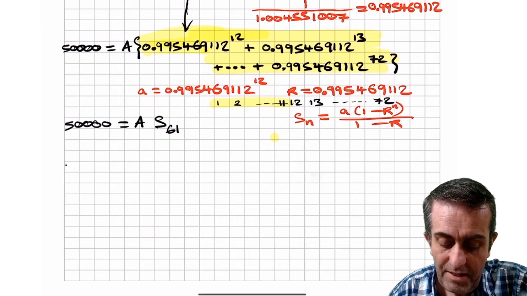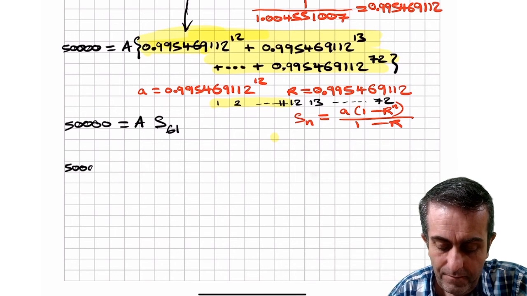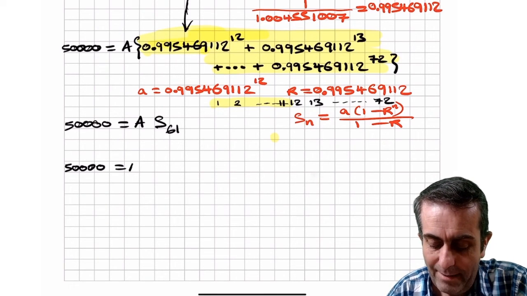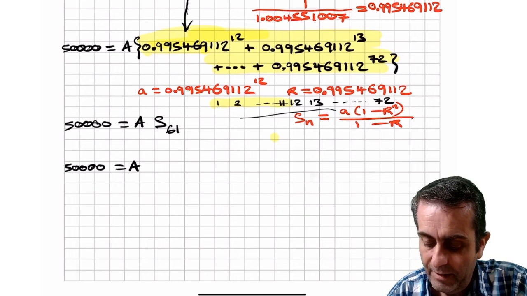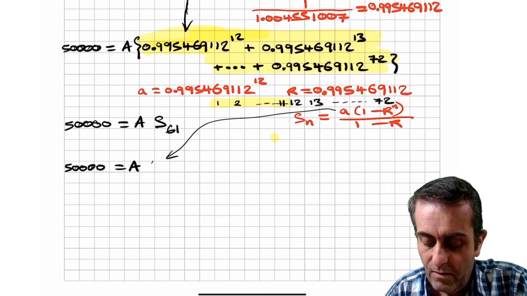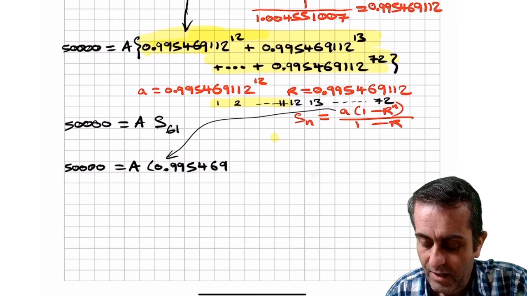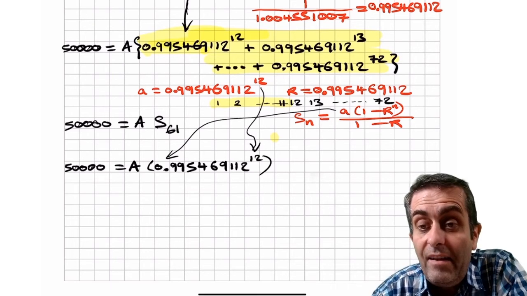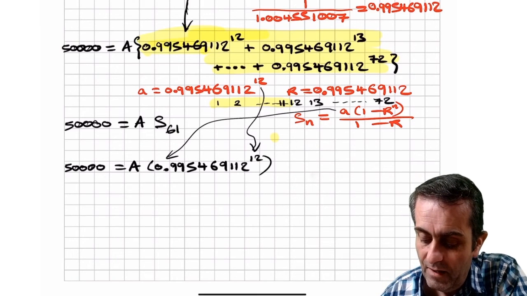Now, that means that 50,000 equals capital A multiplied by small a, which is 0.995469112 to the power of 12. Remember, small a has a power of 12 in it.